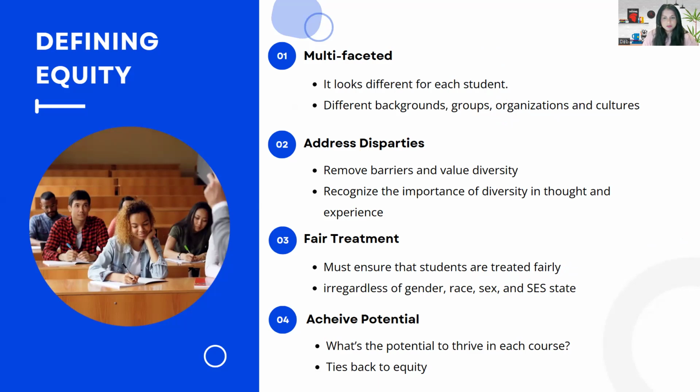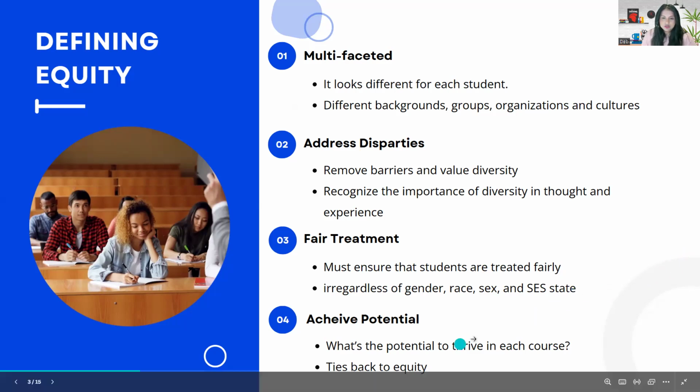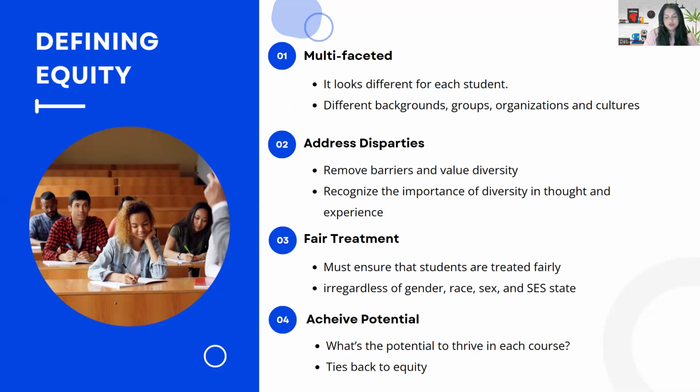And then also achieving potential. So in order for us to help our students achieve that level of excellence in that particular course, it is important for us to be able to know and show them that they do have that potential to thrive in that course. And this ties back really well into the concept of equity. We want to make sure that the experience is the same at every level for each student.